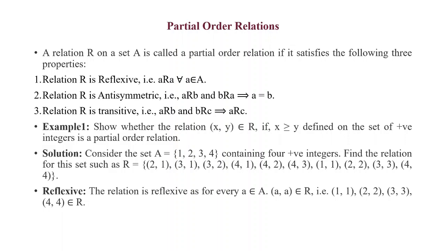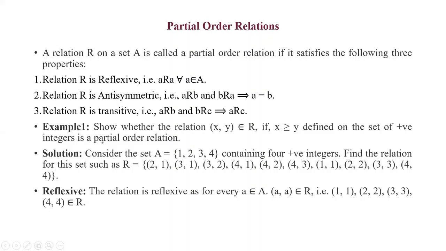Second, R is anti-symmetric, and third, it is transitive. Same as in equivalence relation, where you have to satisfy three properties: first reflexive, second symmetric, and third transitive. For partial order relation: reflexive, anti-symmetric, and transitive. The only difference is that in equivalence relation you have to satisfy symmetric, and in partial order relation you have to satisfy the anti-symmetric property.